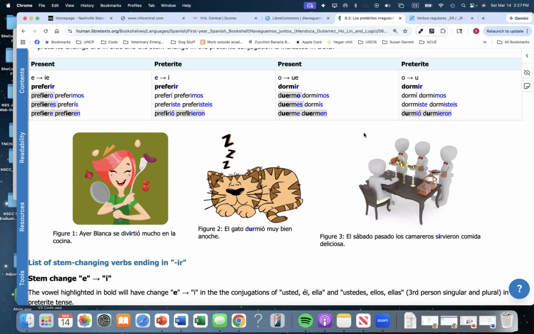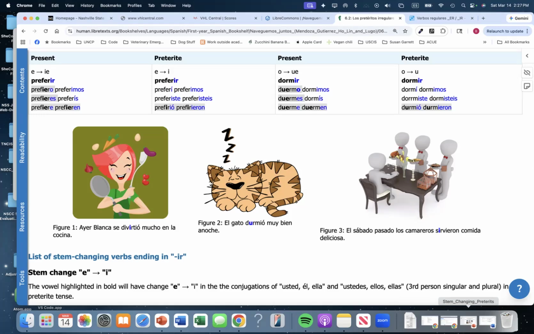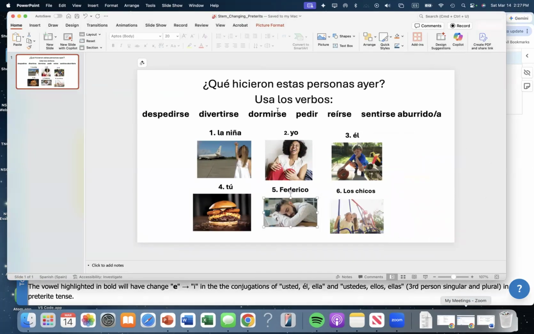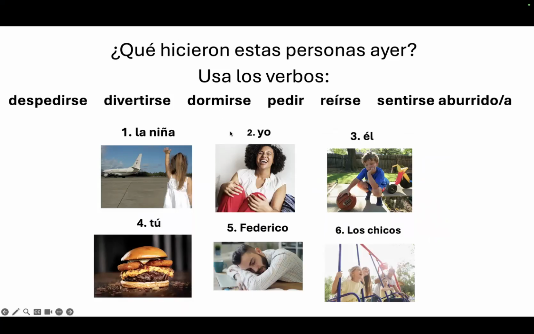With all of this information in mind, you can always go back, rewind the video. Let's do some practice. Stem changing preterites. ¿Qué hicieron estas personas ayer? Usa los verbos despedirse. What was that? To say goodbye.